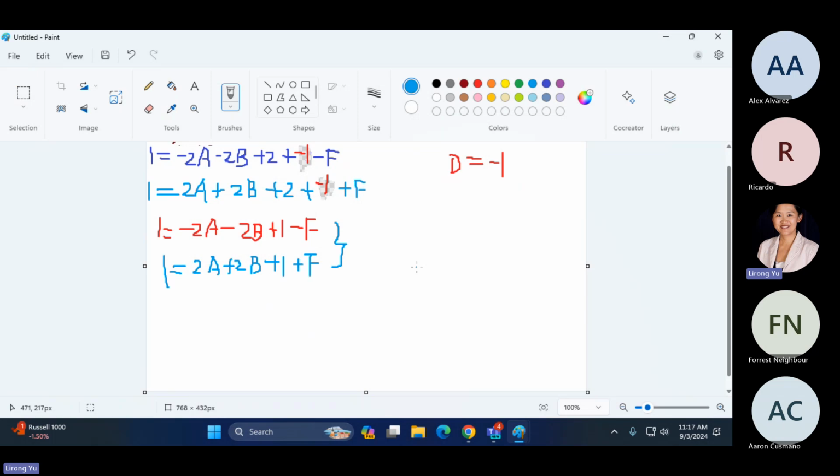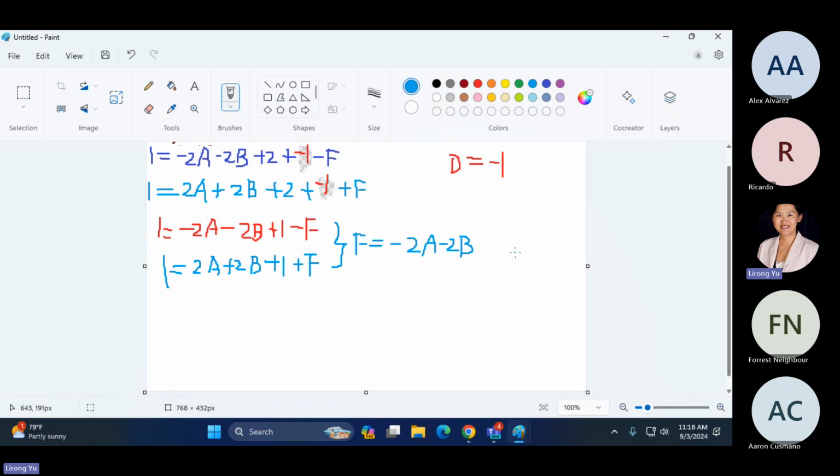And F can move to the other side of the equation. So you're going to get the same result, that F is equal to -2A minus 2B. So we get this conclusion: these 2 equations are essentially the same equation.